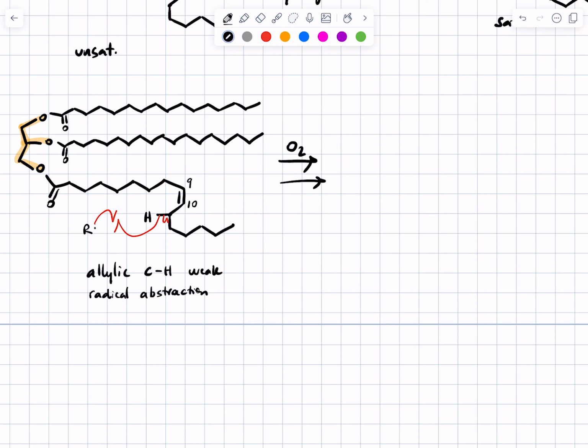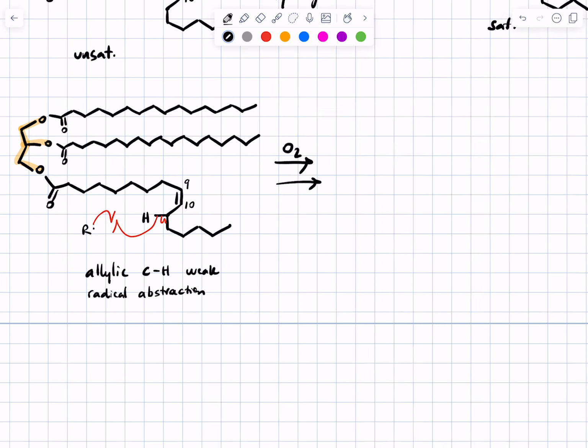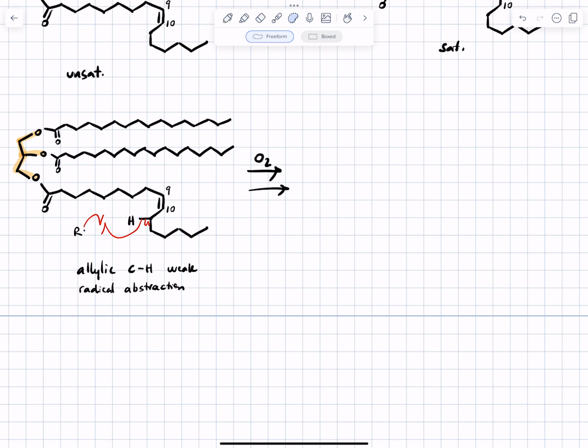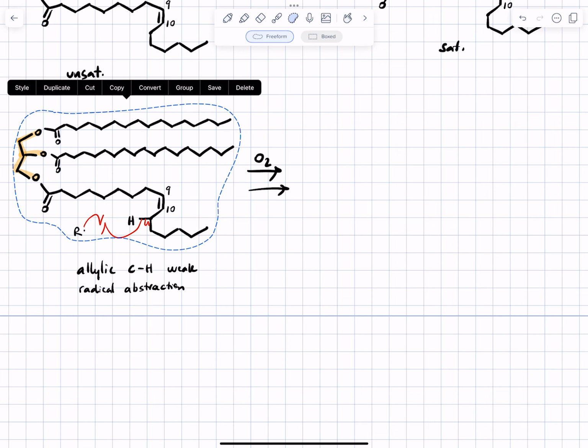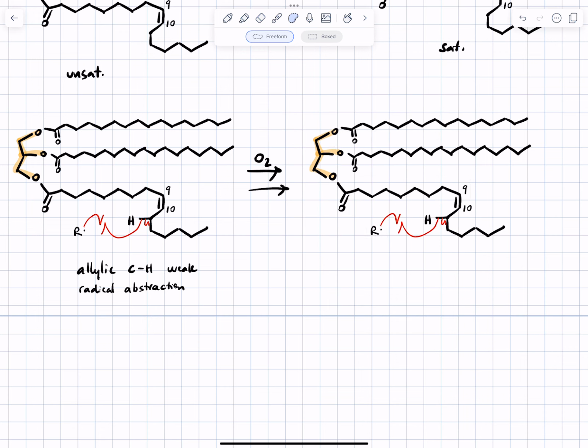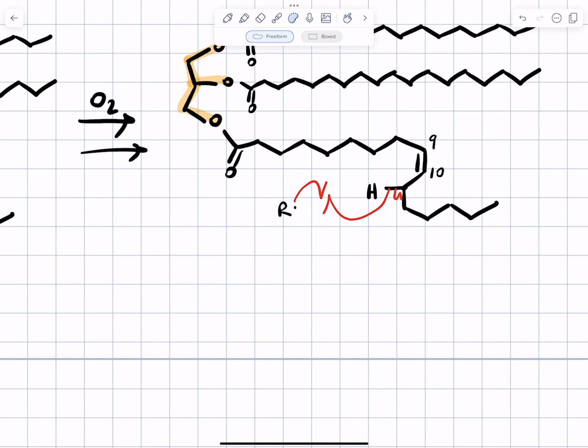I'll leave it to your imagination as to what that resonance stabilized radical looks like. You should be able to draw it. That's not hard. That's a review of principles from 351 in the chapter 21 on radicals.